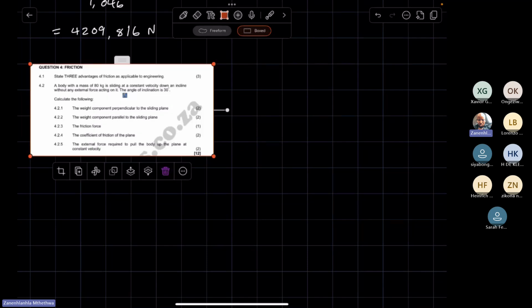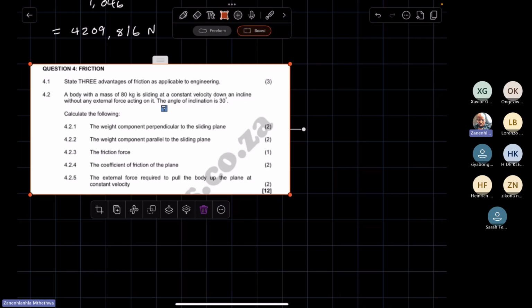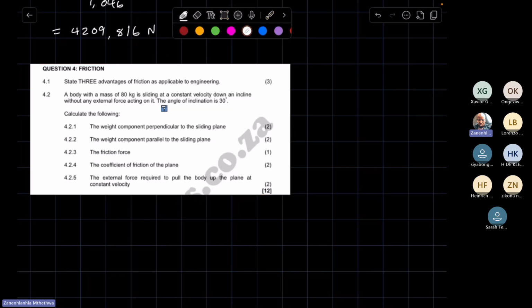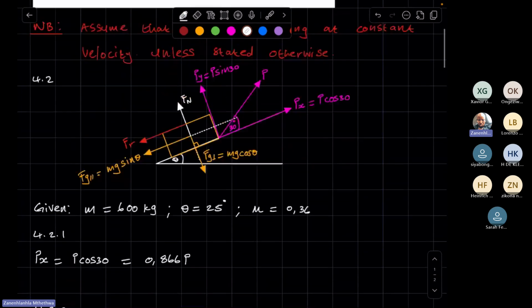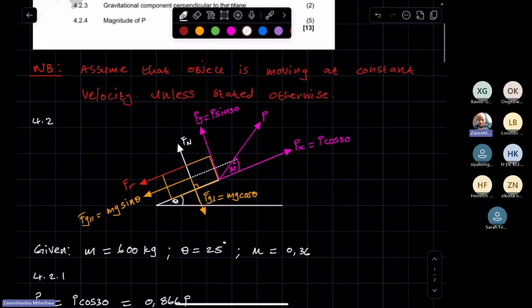Now, as much as friction for the most part is easy, some exercises do require you to think a bit. Aside from typical questions like these ones, where, for instance, this one, you simply just draw your free body diagram, and there isn't much thinking you have to apply really after.